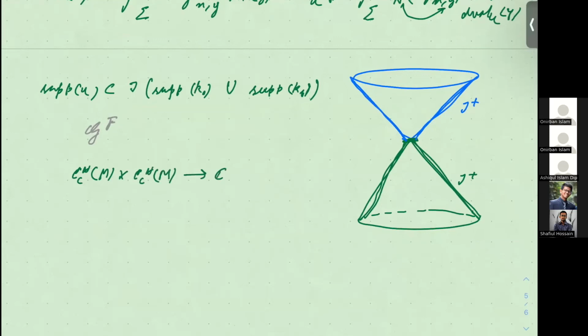And then using this G, we can define something like this. So U, V maps to, call it sigma.